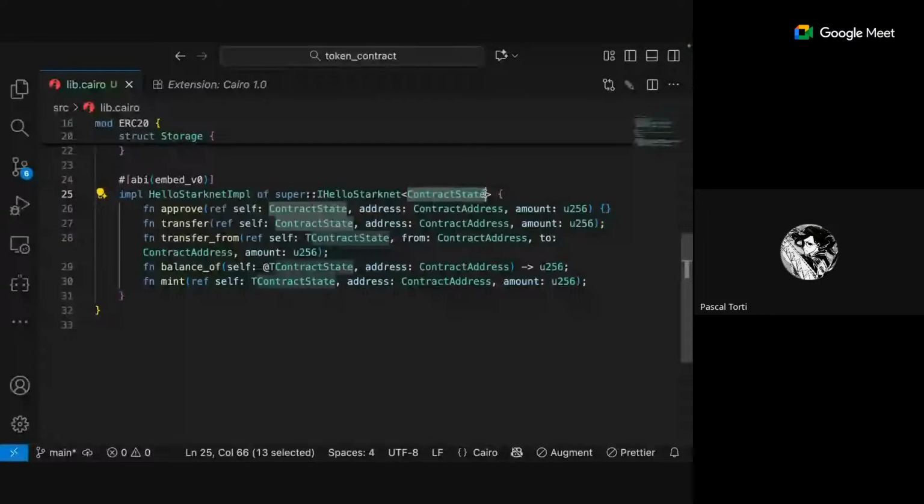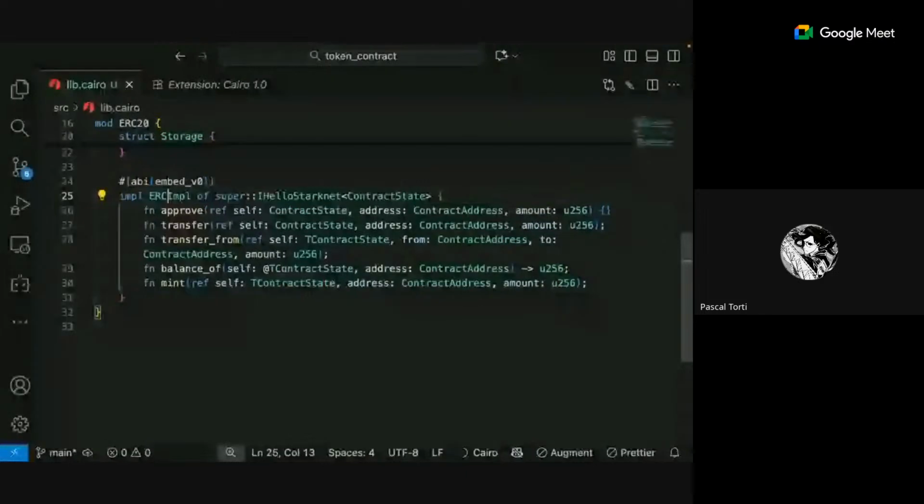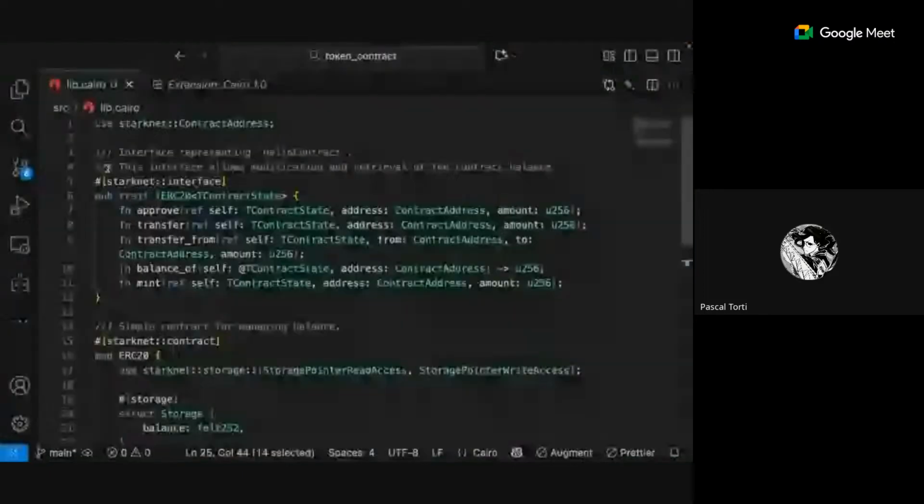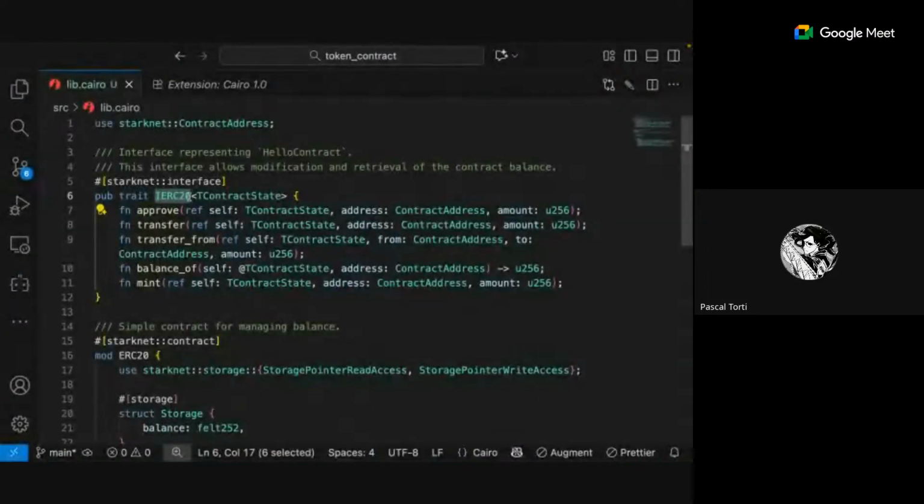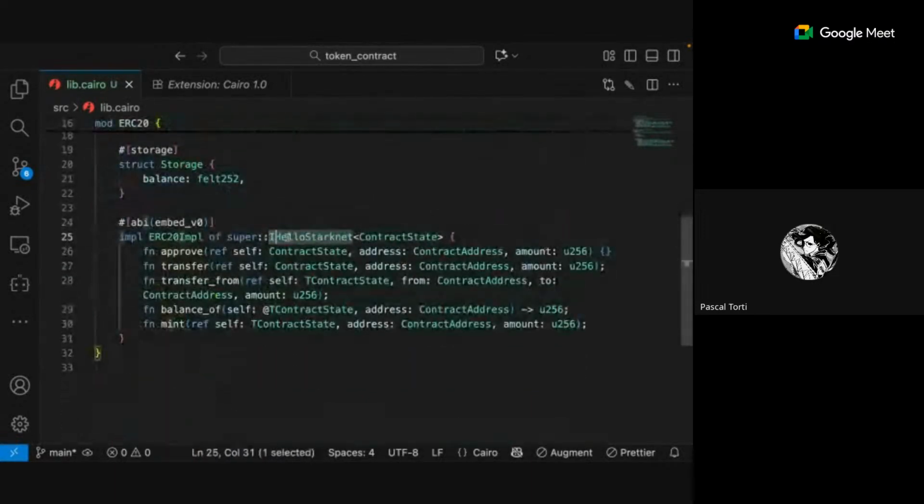So this, let's remove this. Let's call it ERC20. Then this hello Starknet will be this. So we are going to copy this, then paste it like that there.